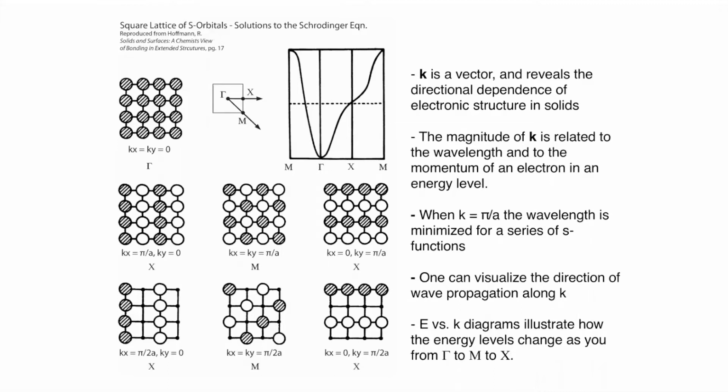So that shows us how those wave functions map onto space, and the vectors shown on that unit cell for the square lattice there help you understand where those points are and what directions they correspond to in the crystal.